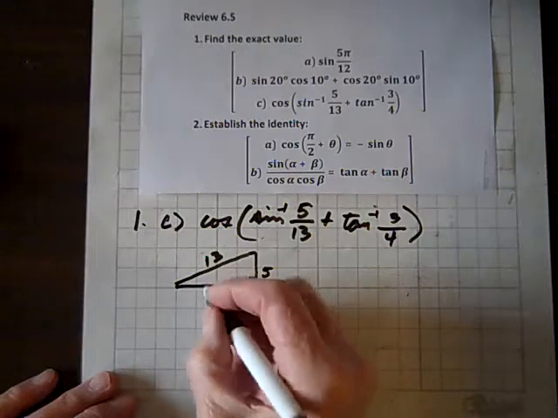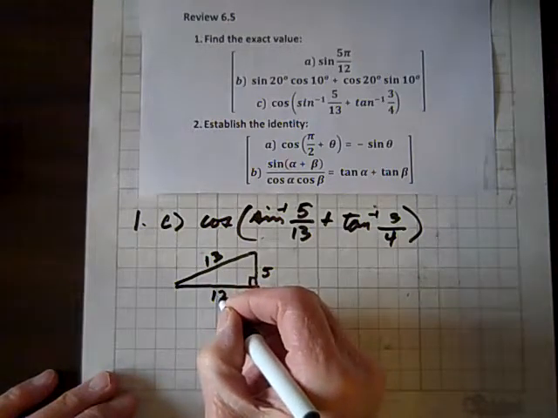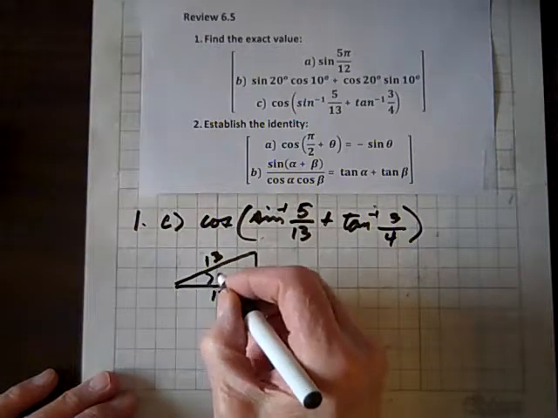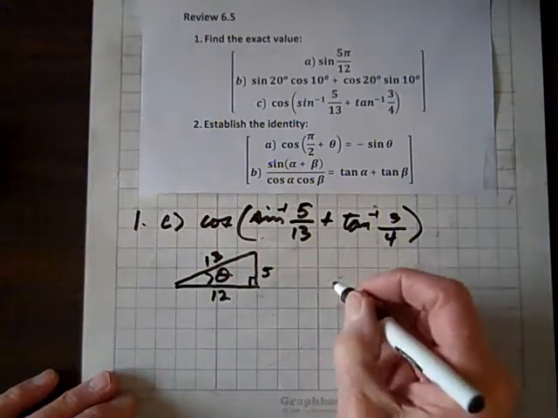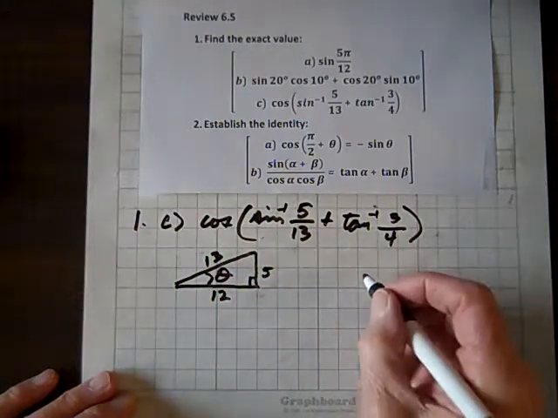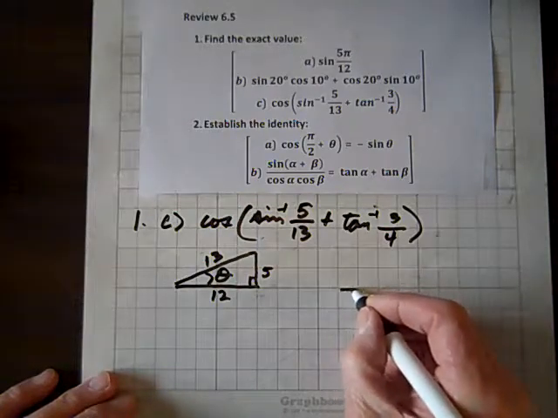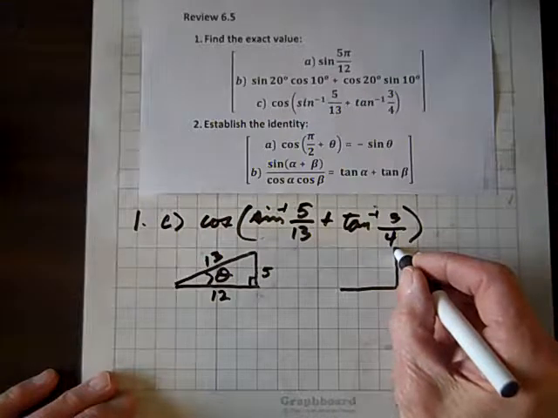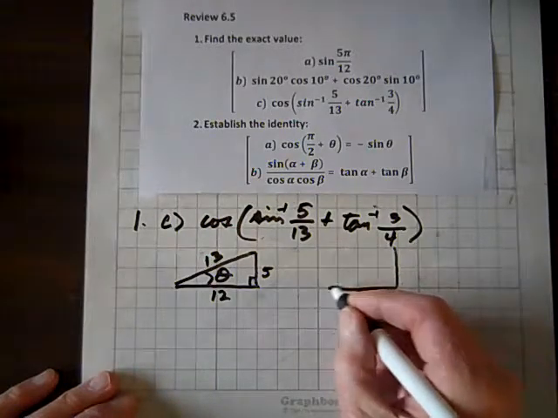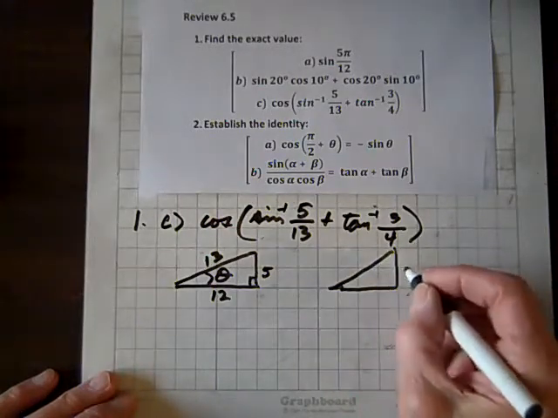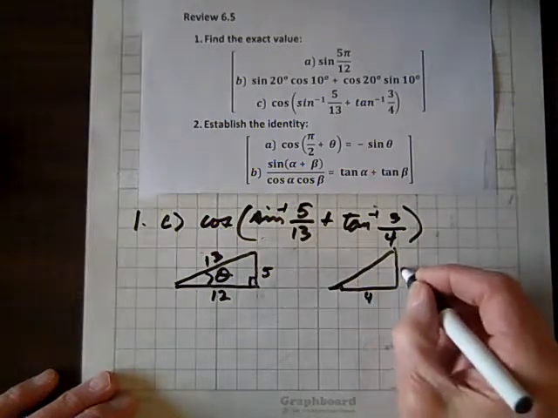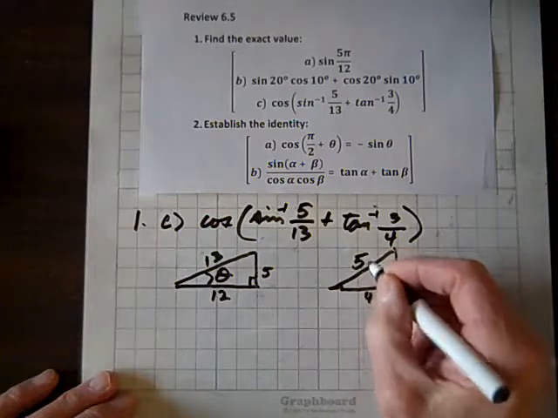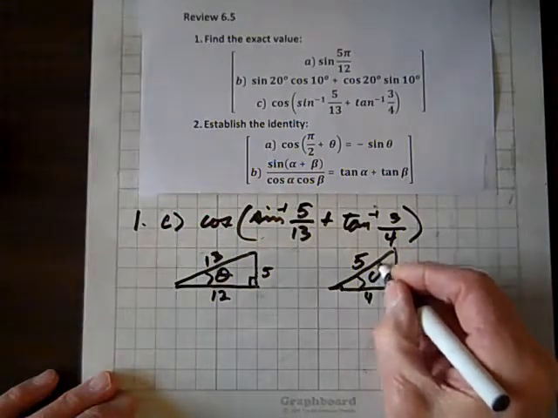So therefore it's a 5, 12, 13. Therefore this must be 12. You check it out with the Pythagorean theorem. And we'll call this theta. And now for the corresponding right triangle for this, let's see. And this is 4, and this is 3, so this must be a 3, 4, 5. And we'll call this angle phi.